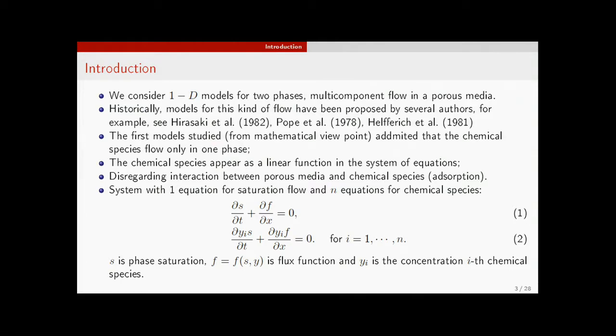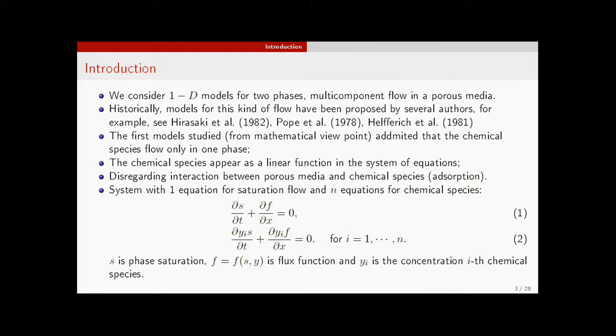We consider in this work a one-dimensional model with two phases that takes into account multicomponent flow in porous medium. There is several engineering work about this kind of model.